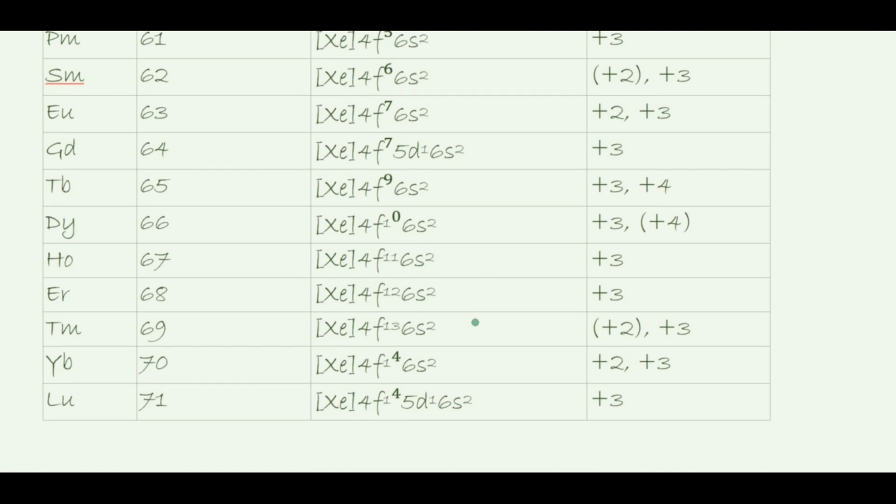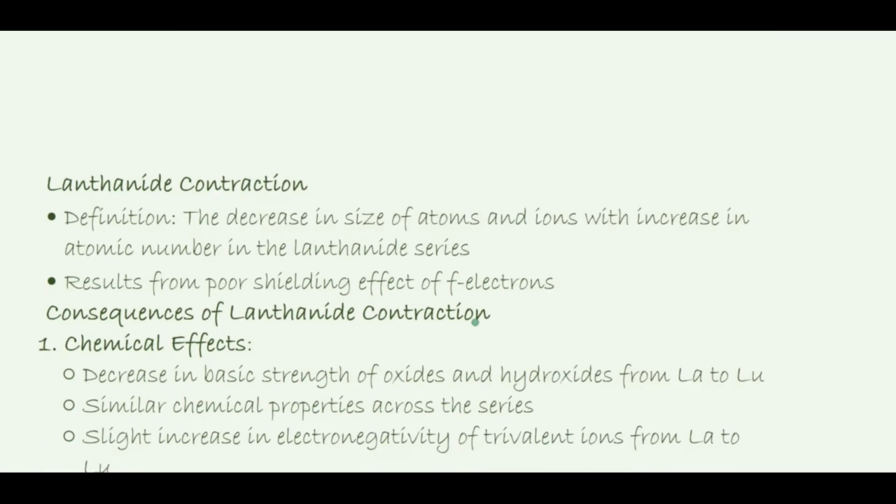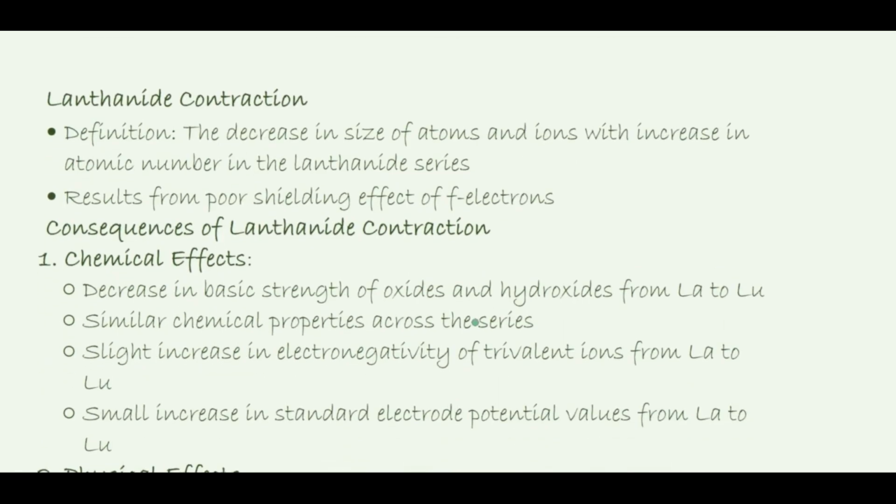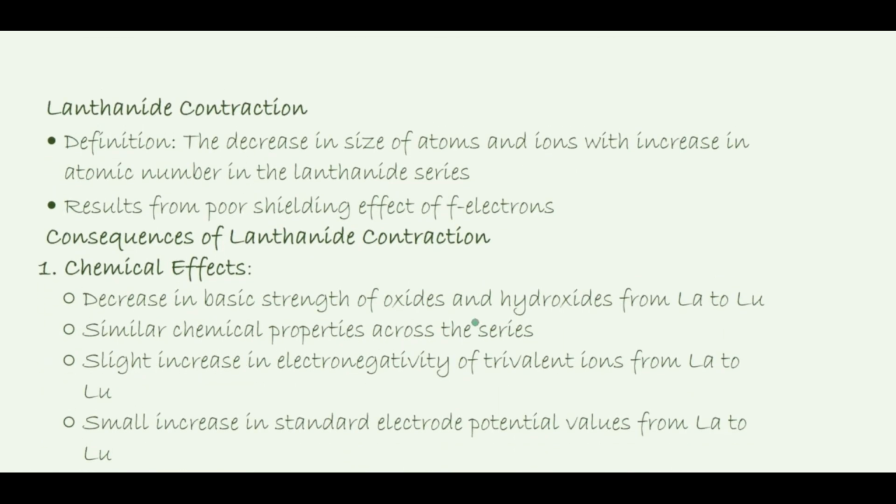The common oxidation state of the lanthanide series is +3, but it varies from +2 to +4. The most important concept in the lanthanide series is lanthanide contraction. Contraction means shrinking, becoming small.